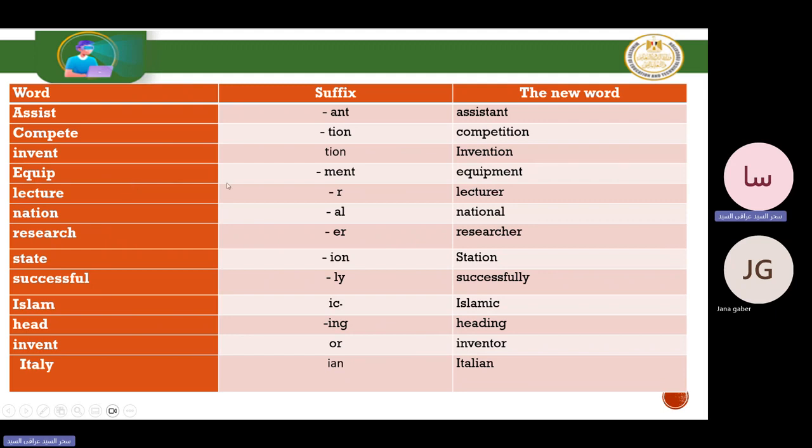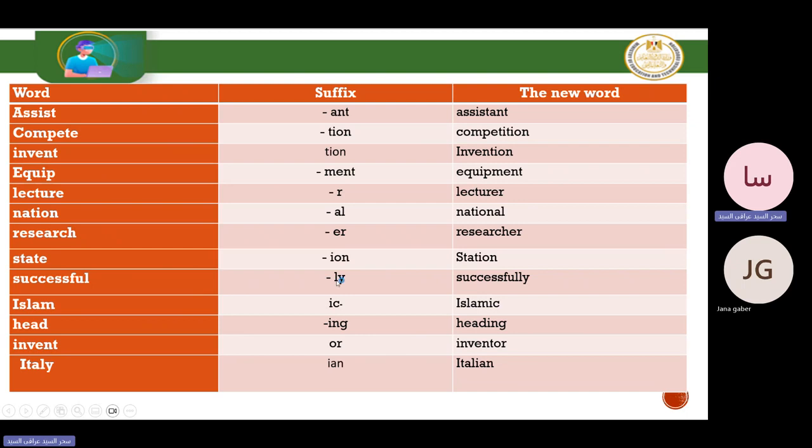Equip, the verb, if we add ment, becomes equipment. Lecture, if we add r, lecturer, the professor or the teacher of university. Nation, if we add al, becomes the adjective national. Research with er becomes researcher. State with ion becomes station.